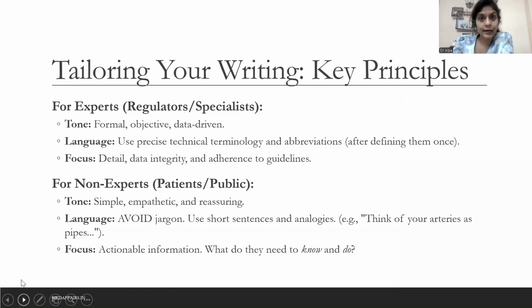So, as a medical writer, we need to adapt our writing style. We need to customize it depending on the audience. As we already saw, for experts, the tone will remain data driven. All the data will be transferred to the output document.